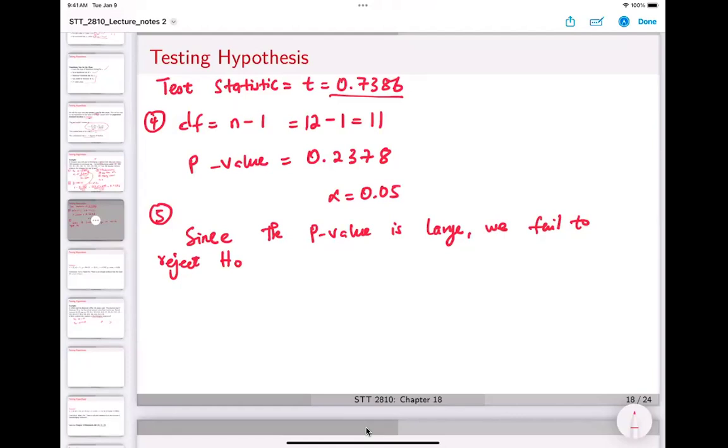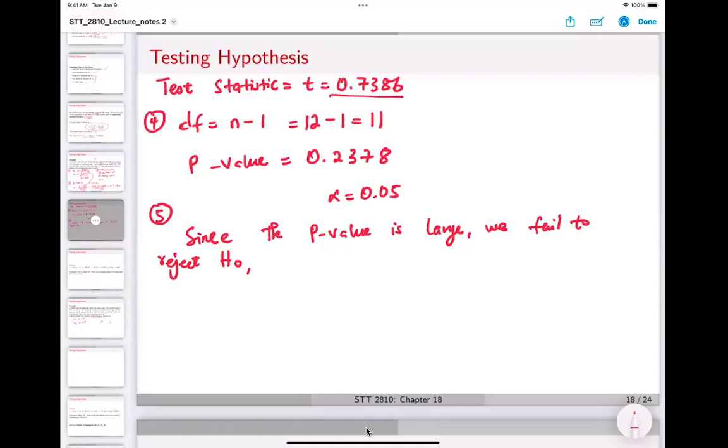reject? Is that okay? And then the last one is that if the p-value is large and we fail to reject, what does it mean? Does it mean that there is enough evidence or there is not enough evidence? What does it mean? Adam, what do you think?